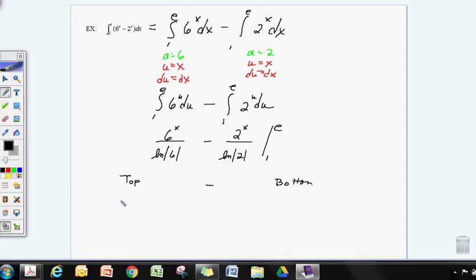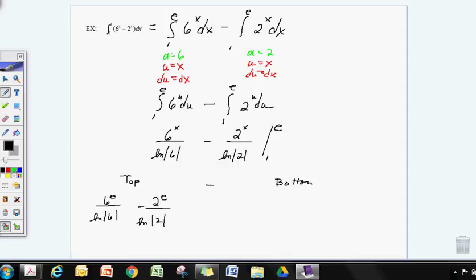Putting it into the top, I'd have 6 to the e over natural log of 6, subtract 2 to the e over the natural log of 2.